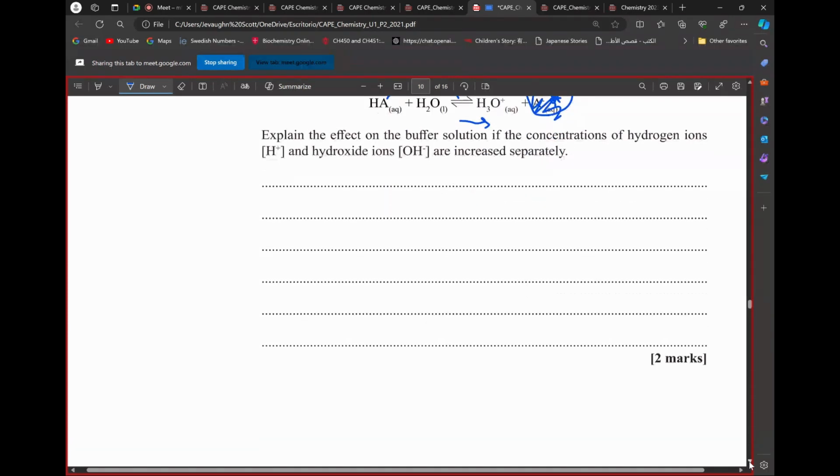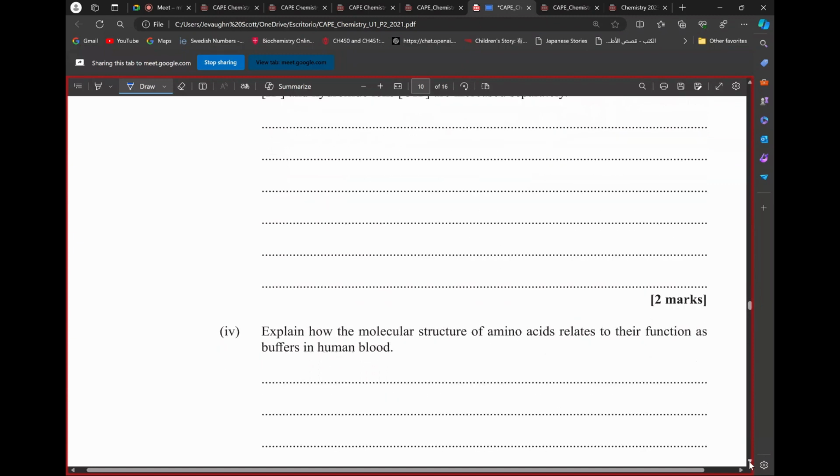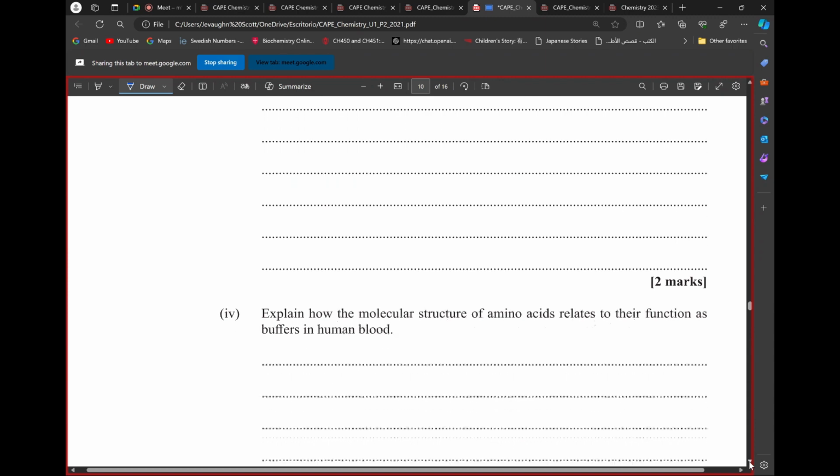It has to replenish its salt concentration and its acid concentration.